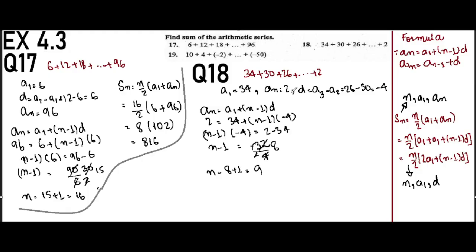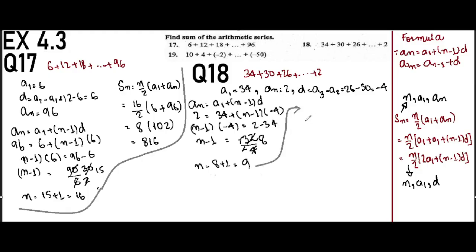Now we have to find the value of sum. Okay, this time we are going to use this formula of sum. Sn is equals to n by 2 into 2a1 plus n minus 1 into d. It is equals to the value of n is 9 by 2 into a1 is 34 plus n minus 1 is 9 minus 1, which is 8, and d is minus 4.